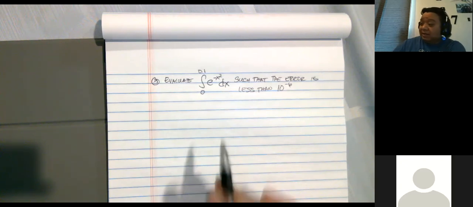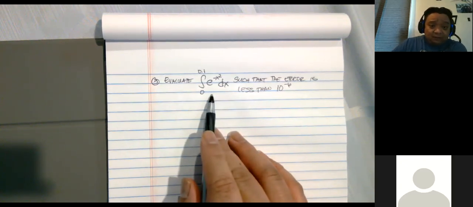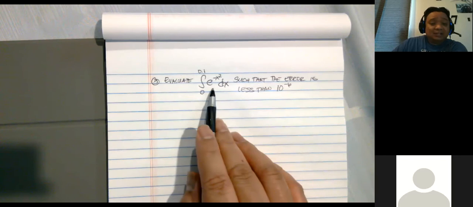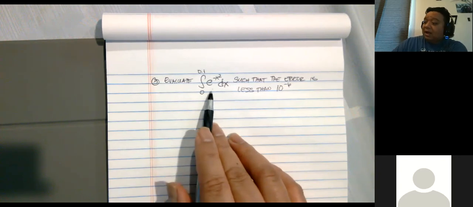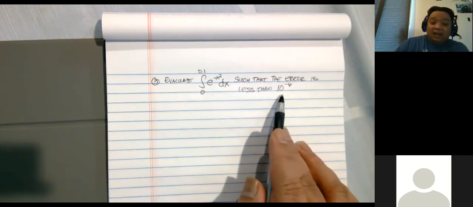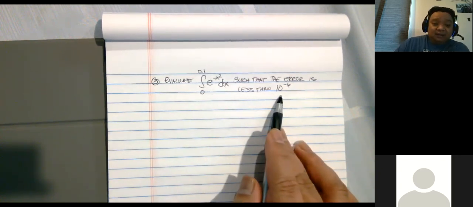So which means I want to find this definite integral. And as I already mentioned before, this is something you can't integrate. So you want to be able to find the value of this integral so that the error is less than 10 to the minus 6.